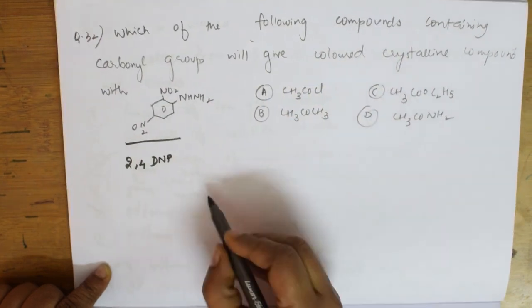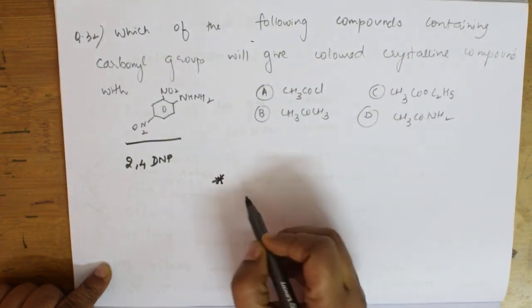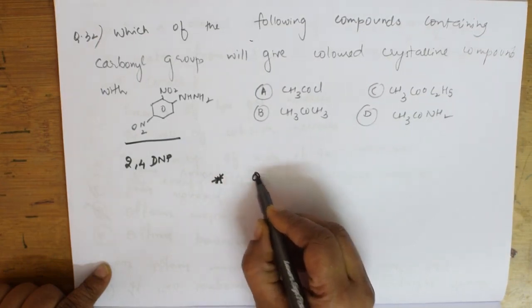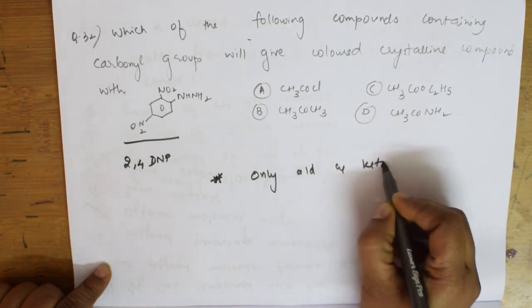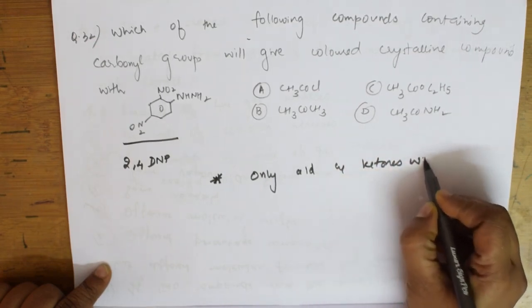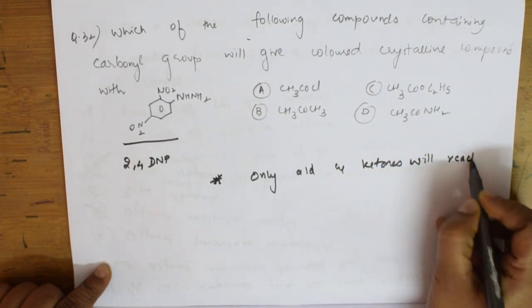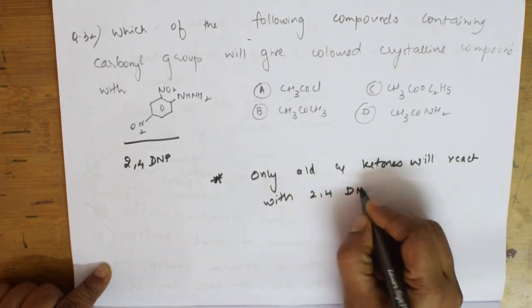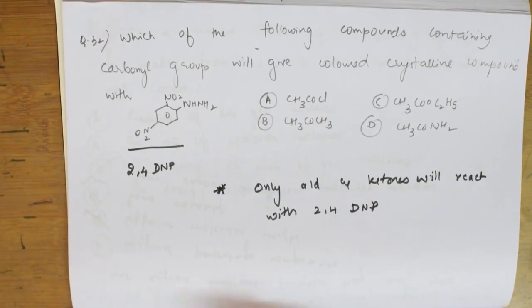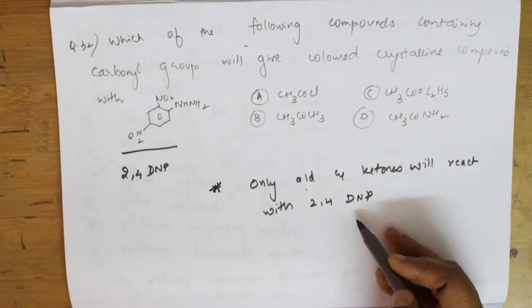So remember, the first important hint in this. What is the hint? Only aldehydes and ketones will react with 2,4-DNP. Correct? Yes, you have to remember this. So only the aldehyde group and ketonic group will react with 2,4-DNP.